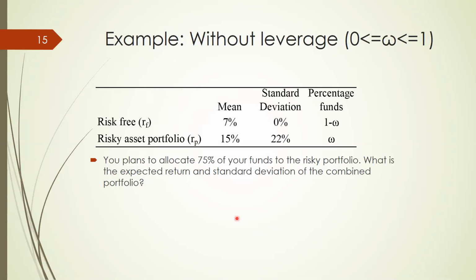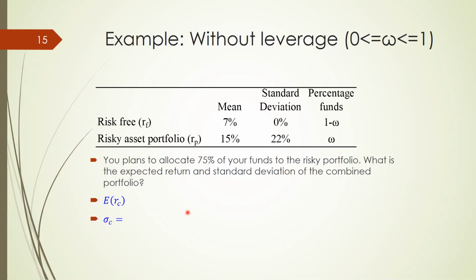For example, if the risk-free rate is 7%, the risky asset return is 15%, the standard deviation is 25%, and our omega is 75%, how do we calculate the expected return and standard deviation of the combined portfolio?